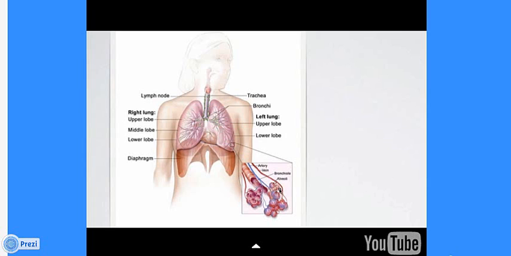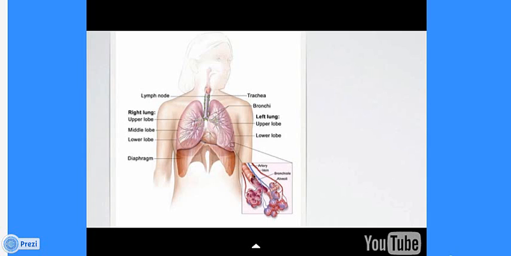And as you can see here, that gives us the alveoli, and it's in the alveoli where we have the exchange between the oxygen coming into the bloodstream via the capillaries that we have here, and the carbon dioxide leaving the capillaries, going into the lungs and being sent from the body.